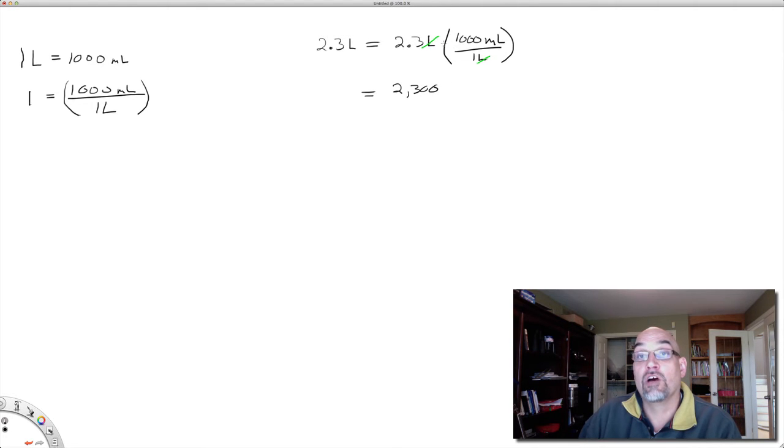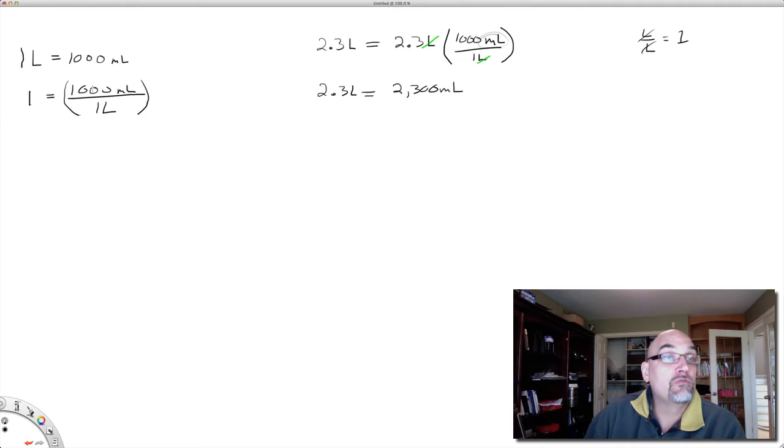And the liters are gone. L divided by L, they just cancel out, and it's just equal to 1. In our convention we don't write 1 over and over again; we just leave it out. But the milliliters here, that's not canceled. So I have 2.3 liters is equal to 2,300 milliliters.